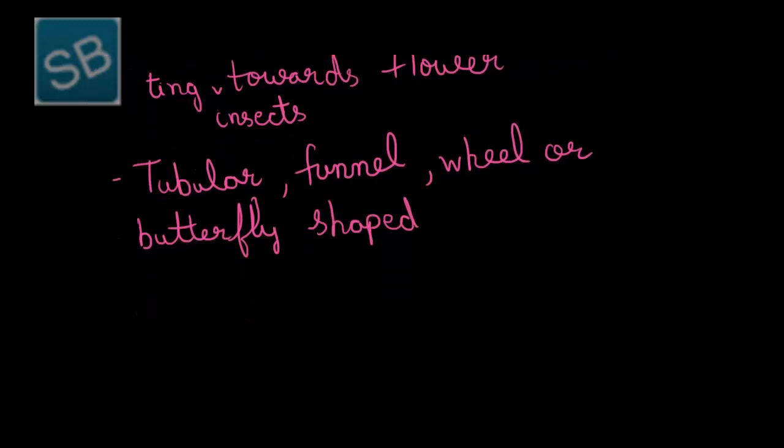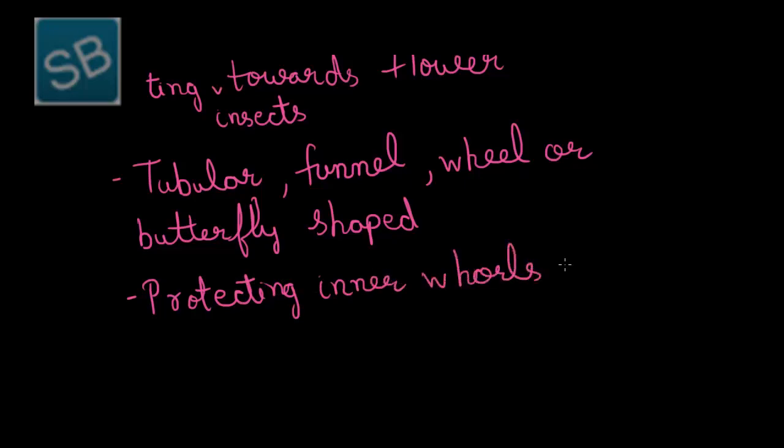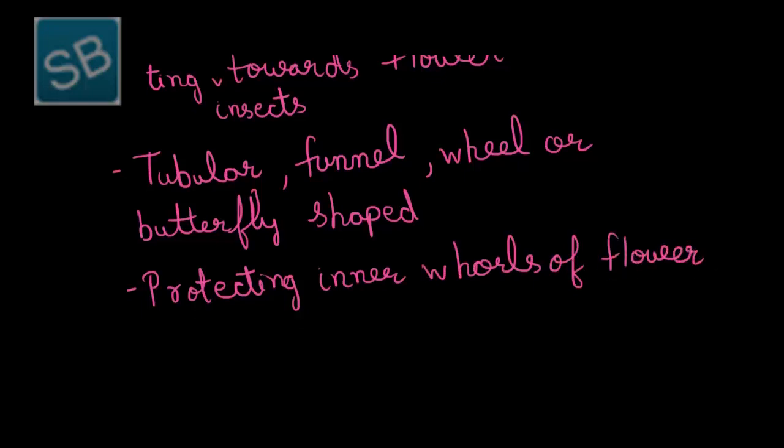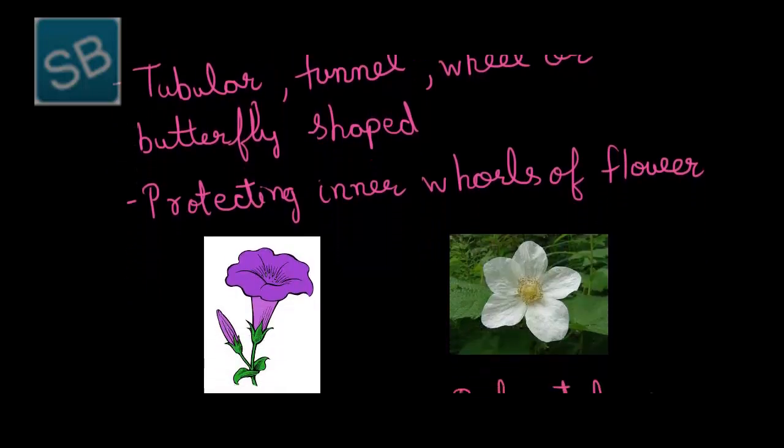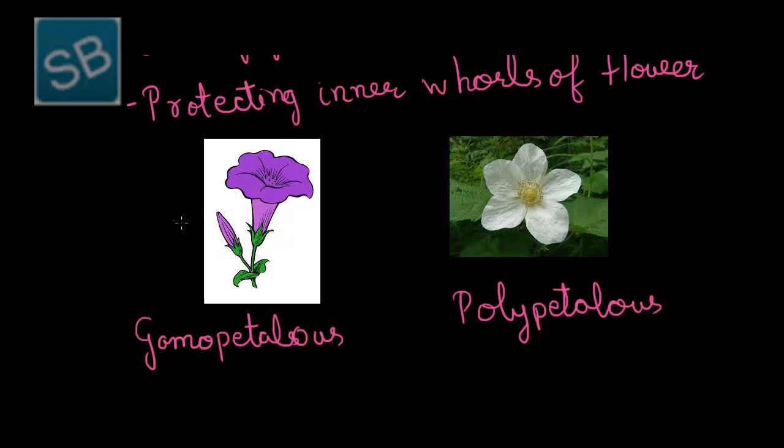Moreover, corolla also helps in protecting the inner walls of flower. Like sepals, petals are of gamopetalous and polypetalous nature, as it can be seen from the figure.